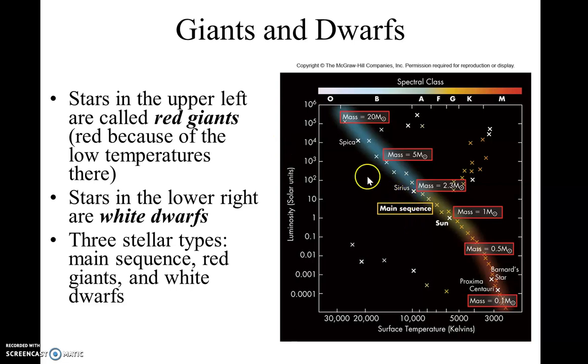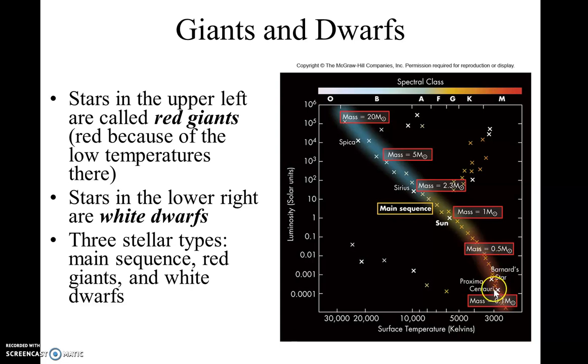and notice the masses of these main sequence stars. There's actually a relationship between the mass and the luminosity as long as a star is along the main sequence. So these stars way up here on the main sequence are anywhere from 20 to 30 times the mass of the sun, and then it goes down, and then you get to the mass of the sun, and then stars below the sun on the main sequence have less mass.